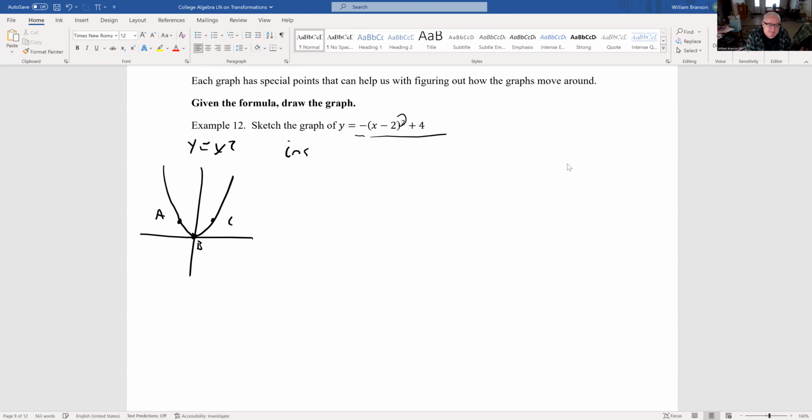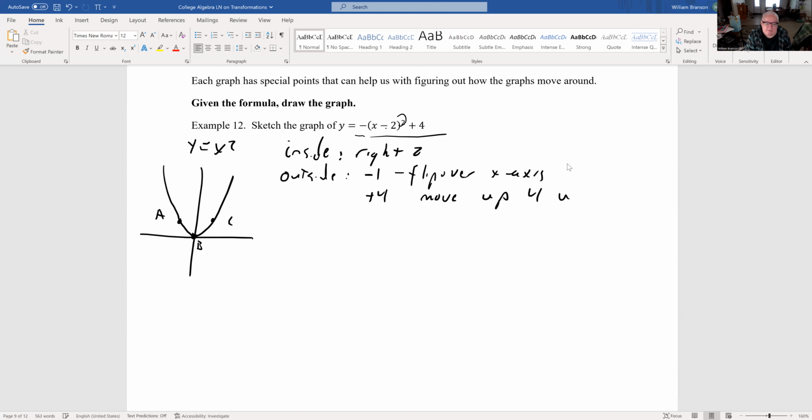We start inside the parentheses. We're going right 2 units because of the -2. Outside, we have a times -1, right? The minus sign. That means flip over the x-axis. And then we have a +4, which is move up 4 units.